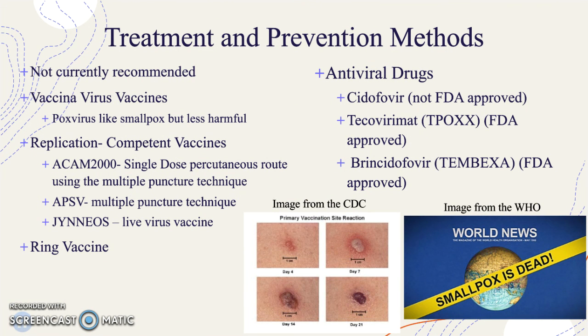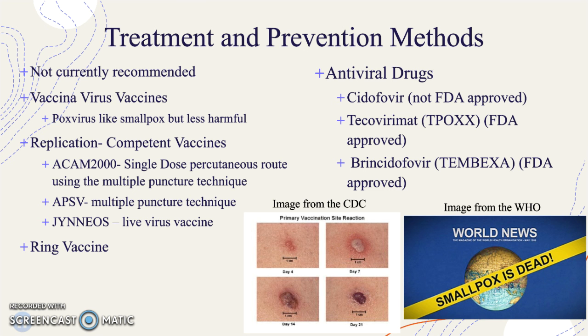So I wanted to talk about the vaccinia virus vaccine. A lot of these haven't been tested on people now because the vaccine isn't necessary. It hasn't been used for 50 years.